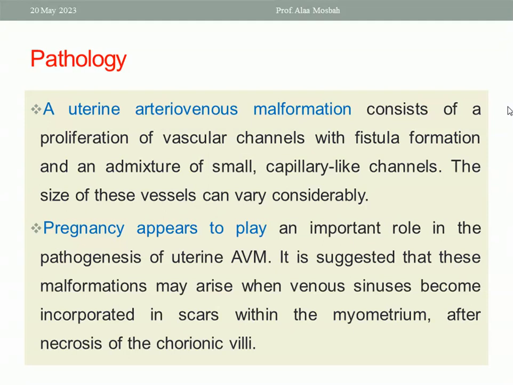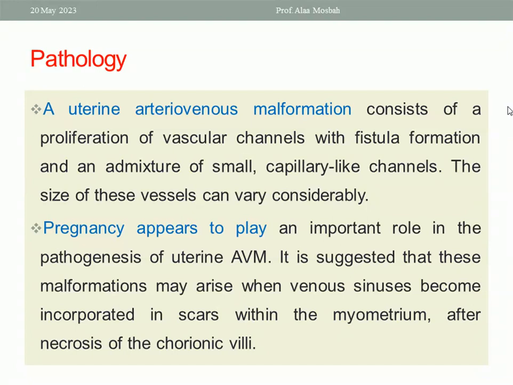So what about the pathology? Uterine arteriovenous malformation consists of proliferation of vascular channels with fistula formation and an admixture of small capillary-like channels. The size of these vessels can vary considerably. Does pregnancy play a role in arteriovenous malformation?